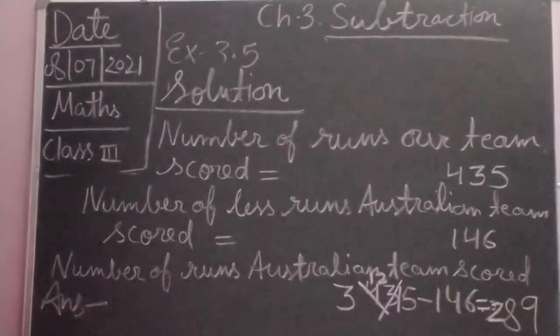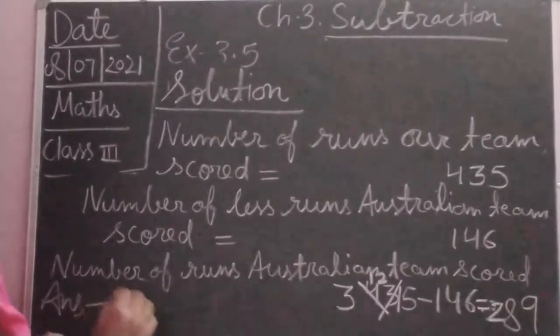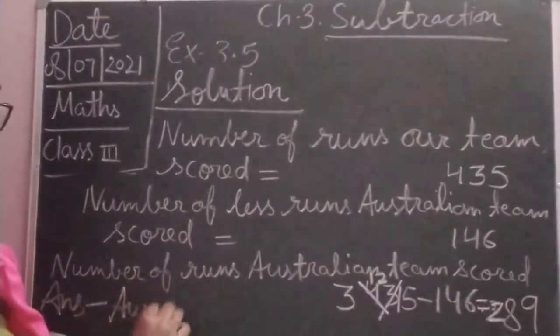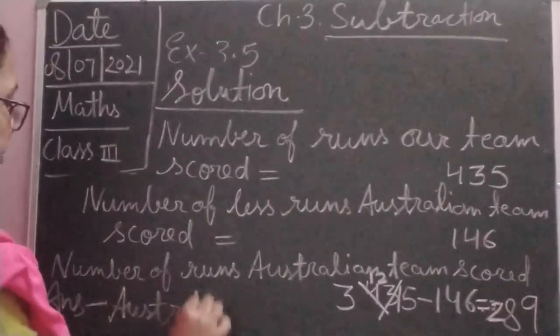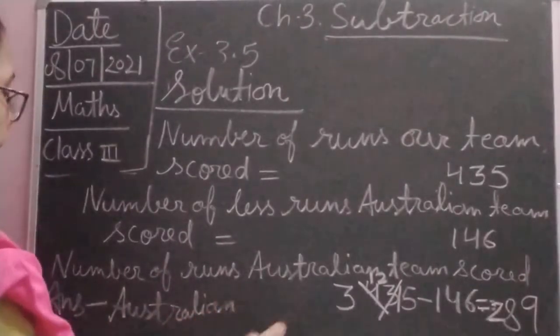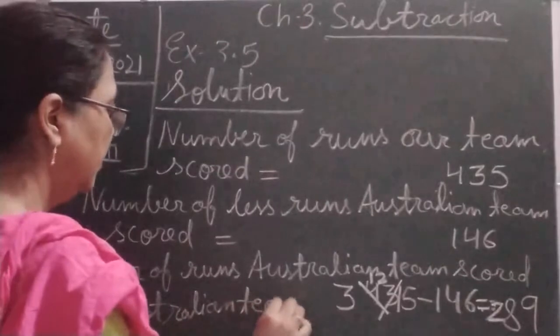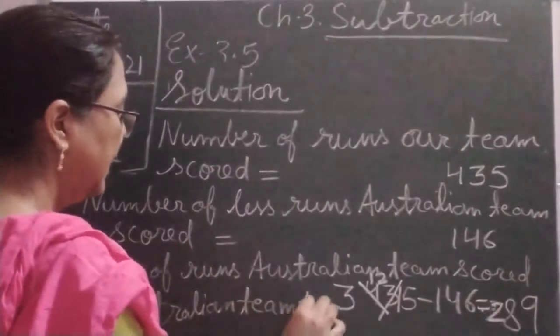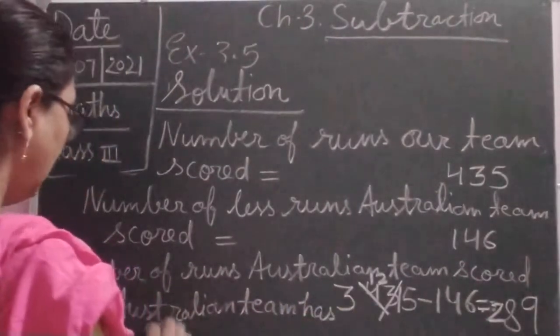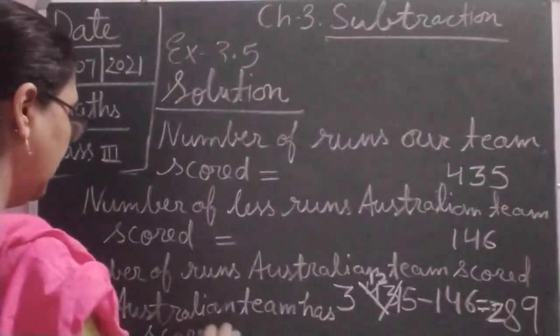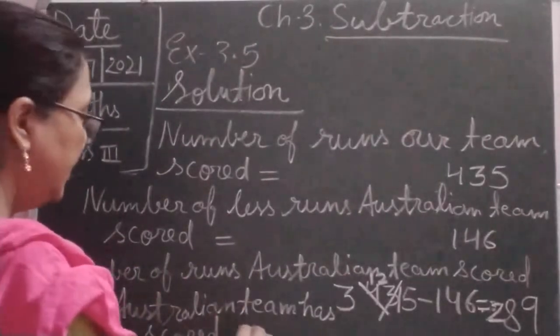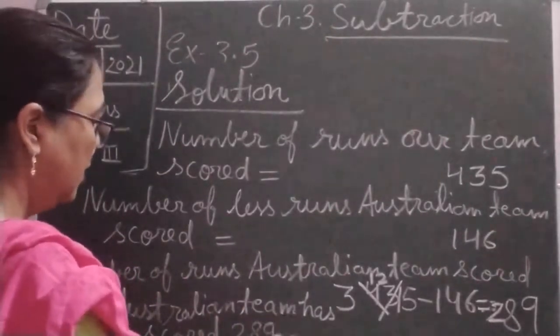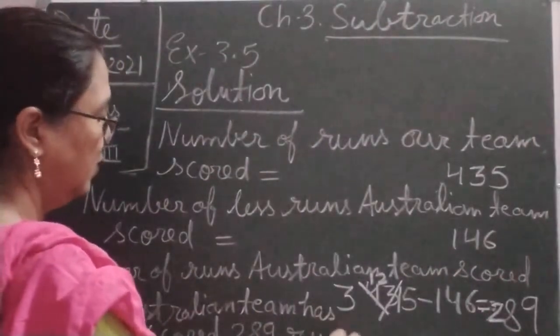So here what will we write? We will write Australian team has scored 289 runs. Okay.